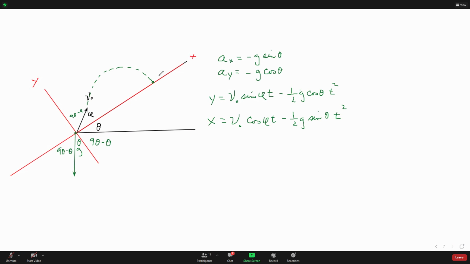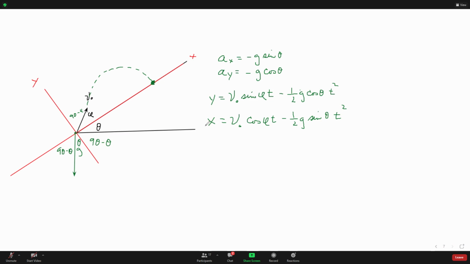Well, Matthew, what's the y value at this point right here? I'm not quite sure. Right here, right on the x-axis, what's the value of y? Oh, it's 0. Has to be 0.